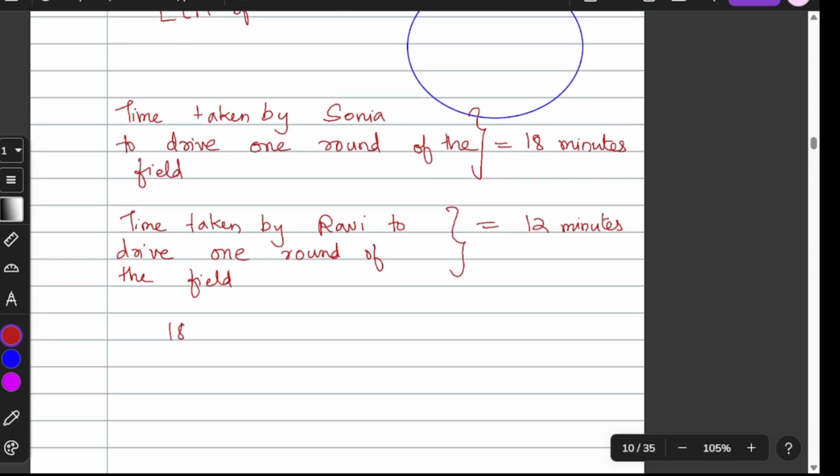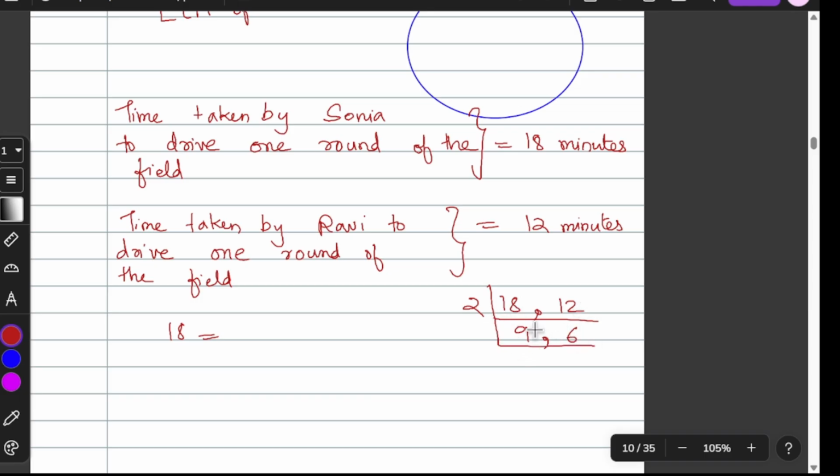Okay. So what are the factors of 18? 18 can be written as 2, then 9, then 3, 3, 1. To find the LCM of these two numbers, I can take both together and divide. 18 and 12, both the numbers are divisible by 2. I got 9 and here I got 6.